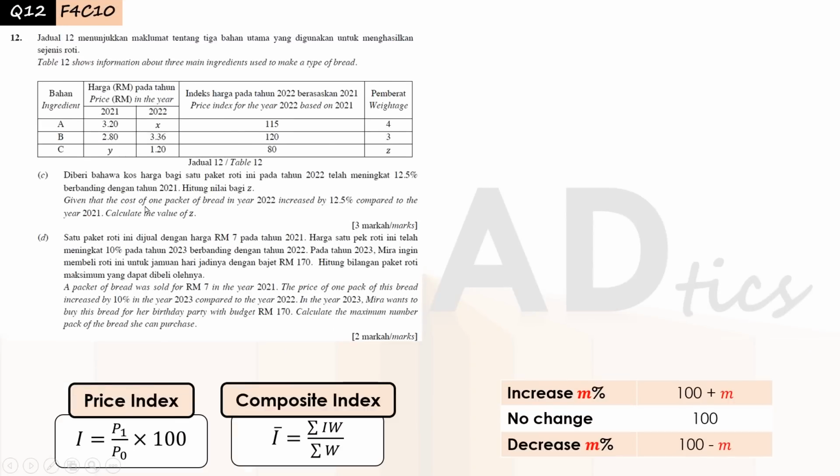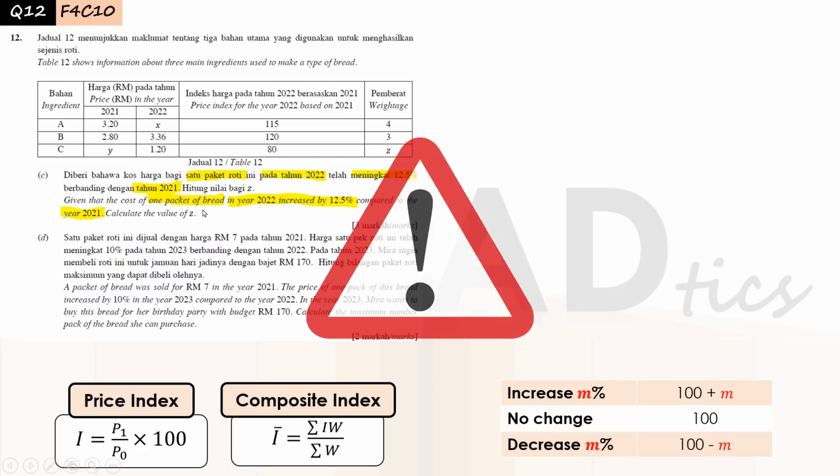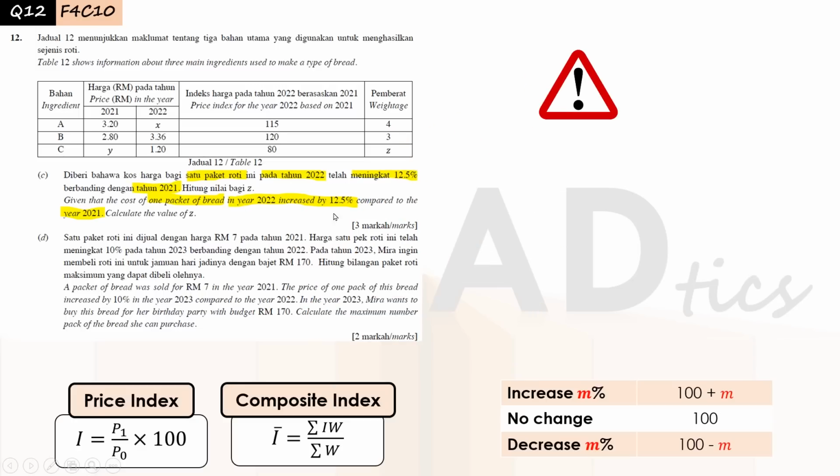And for part C, it says the cost of one packet of bread increased by 12.5% in the year 2022 compared to year 2021. Since this is a percentage change, we are going to use this sentence to form an index.